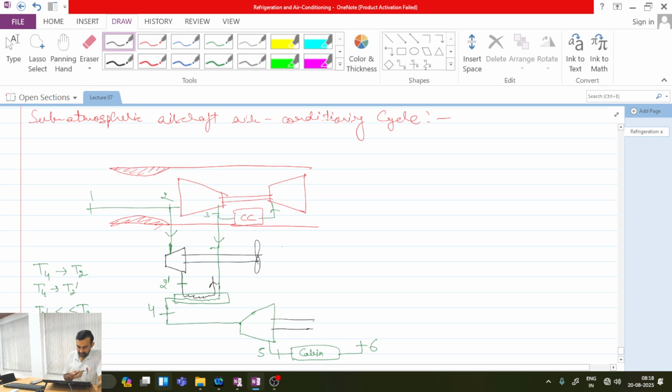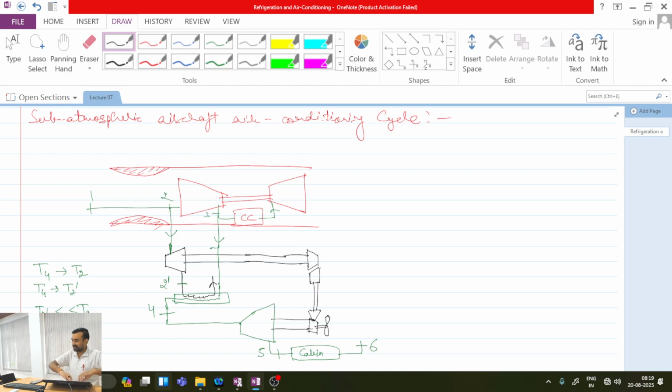So what I can do, I can use some gear arrangement which can couple the output of these two and run a fan. Okay, all are clear with this? Of course, I have made it a complicated gear arrangement. It should not be that much.